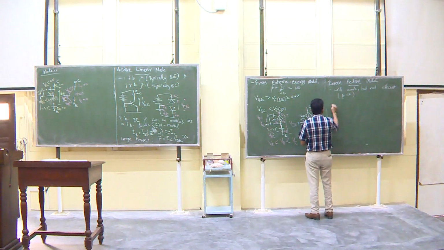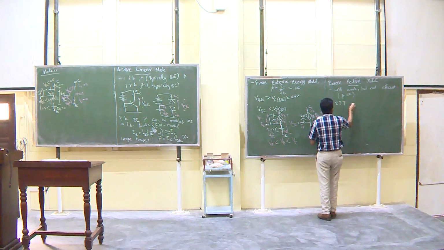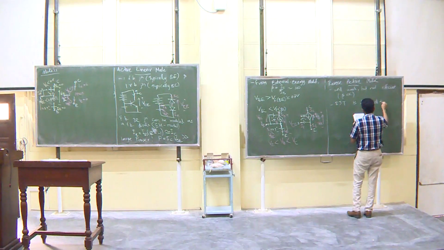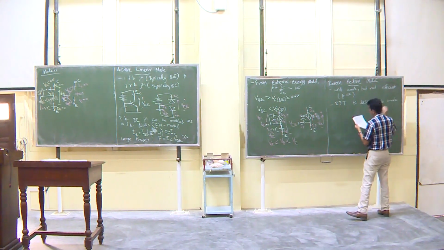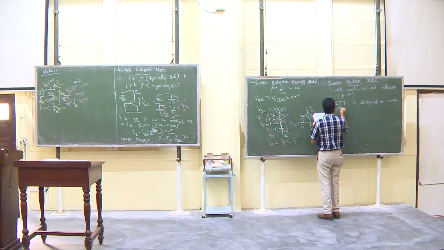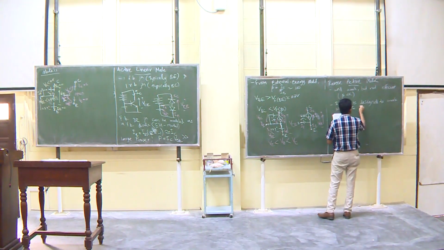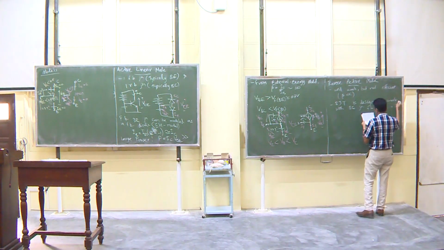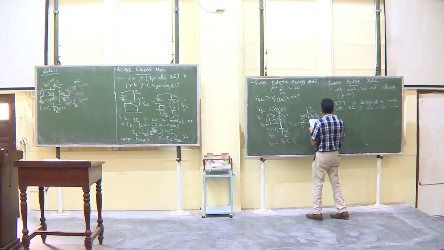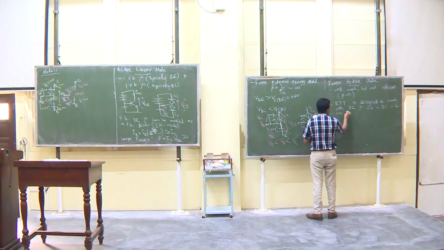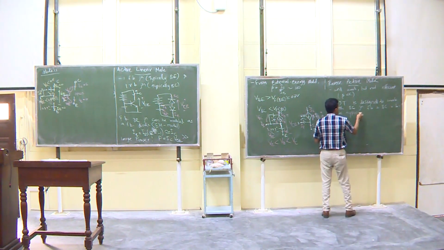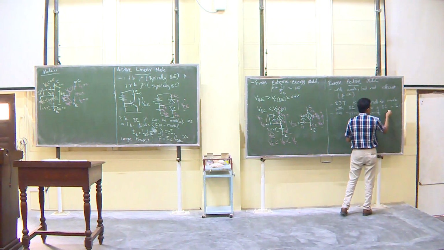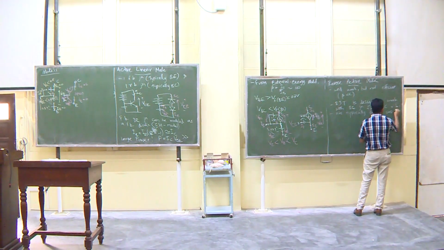Right. BJT is designed to work with the base emitter junction forward biased and the base collector junction reverse biased. So, therefore, we typically do not use this mode.